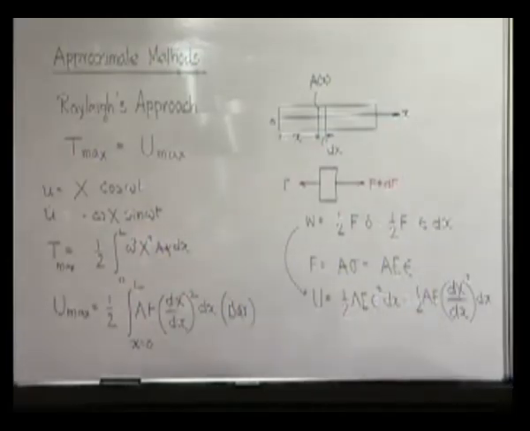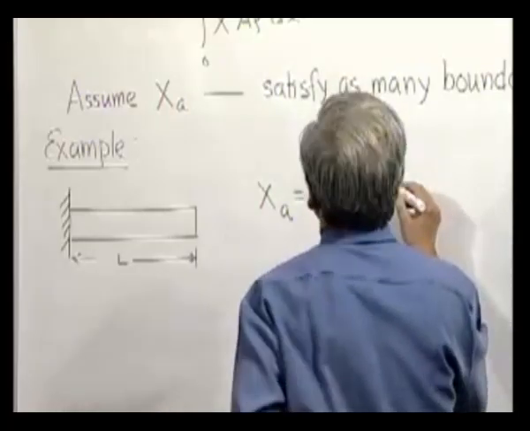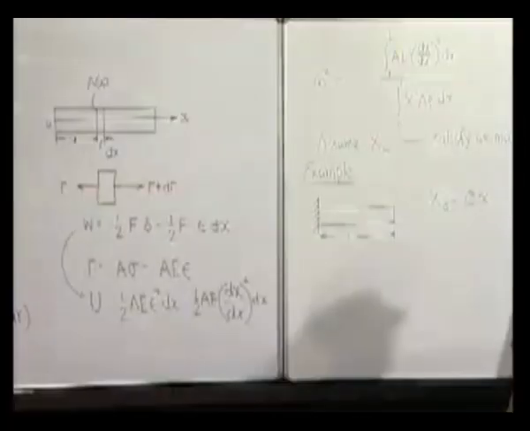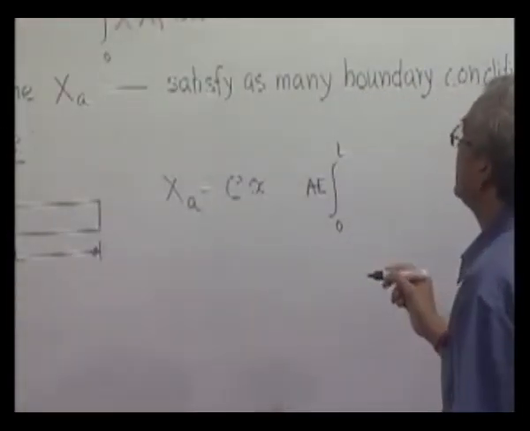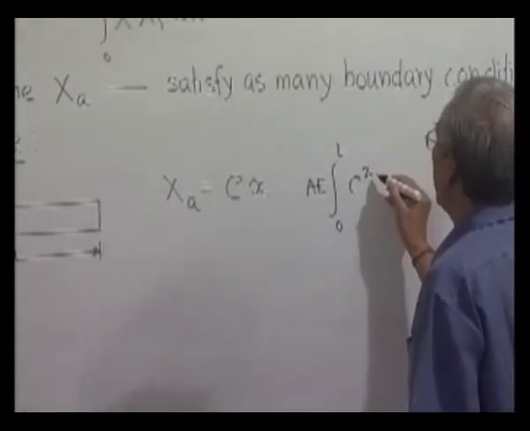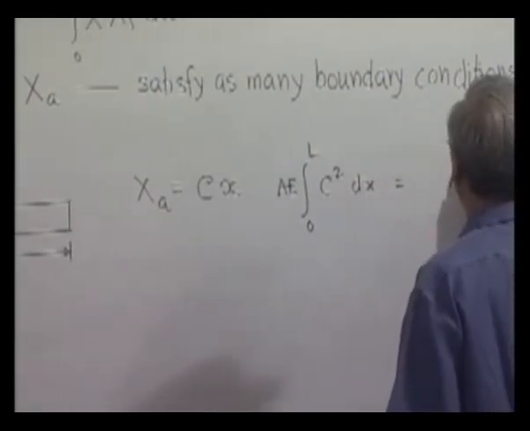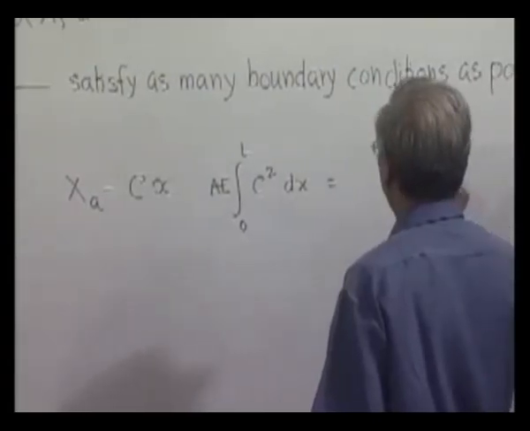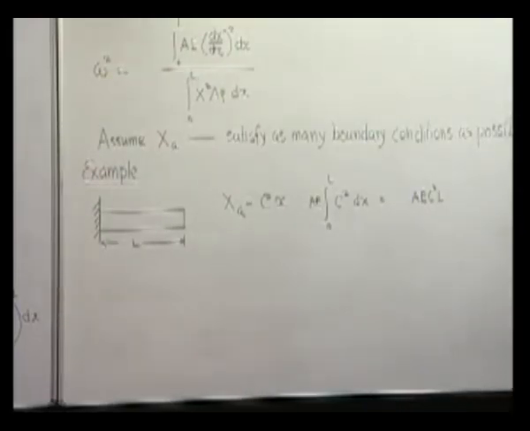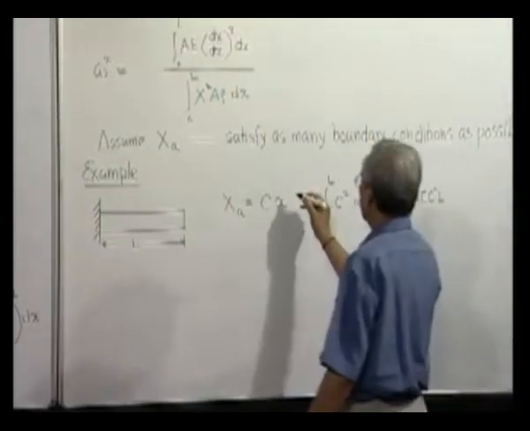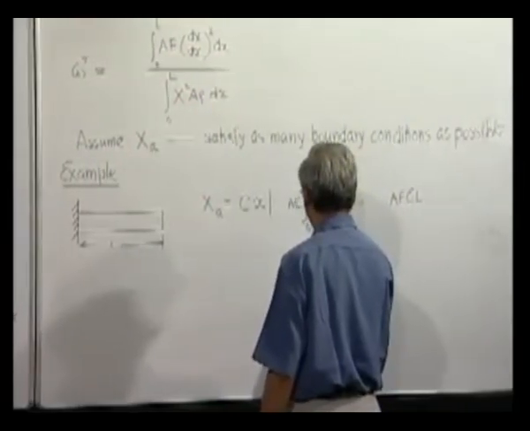But if you try to figure out the natural frequency, let us find out the fundamental frequency. First the numerator, which is a uniform case. So, A into E will go outside and dX/dx will be simply c, so c square into dx. So, that numerator becomes A E c square L. The denominator, again A and rho both are uniform as a special case.